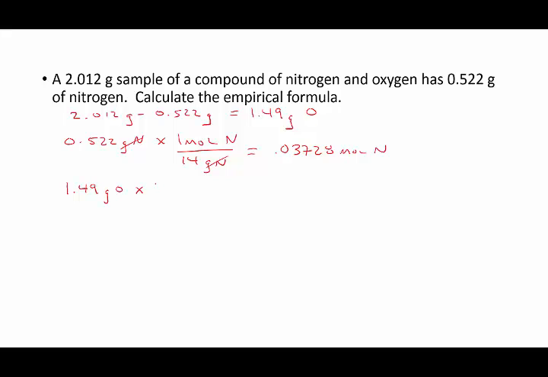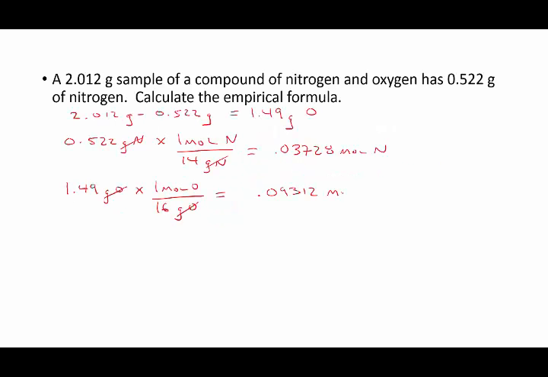Multiply it by its molar mass, 1 mole of oxygen, 16 grams of oxygen from the periodic table, canceling out the grams of oxygen and dividing the 1.49 by 16, I got 0.09312 moles of the oxygen. Now I have the subscripts in the empirical formula, but we want to make them small whole numbers.